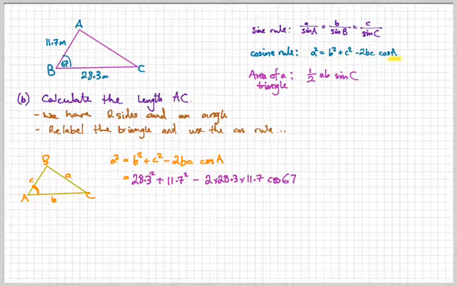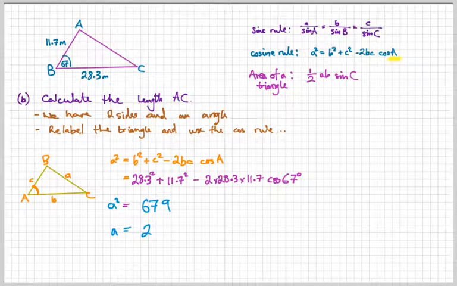Hopefully you notice that the little a is the side that we are looking for from the question. The length AC, now that we've relabeled the triangle, is that little a. So if we start filling some of these out and do all this in our calculator, you end up with 679.